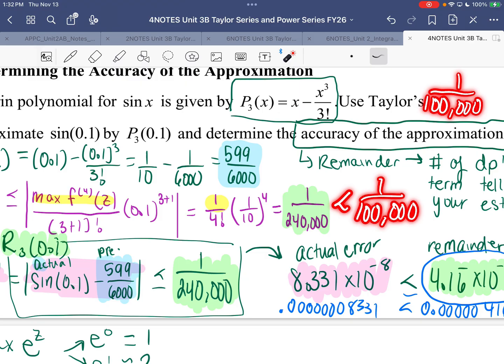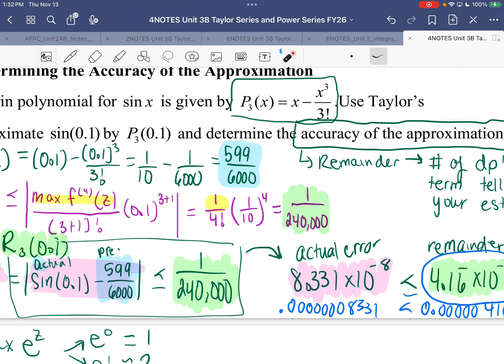But maybe you got a situation with 1 more zero after that, and you'd say no, this is bigger than 1 over 1 million. And then is your polynomial a good estimate if you only used 3 terms? If your error is bigger than the number they're asking you to be smaller than accuracy-wise, you'd say no, it's not a good estimate.